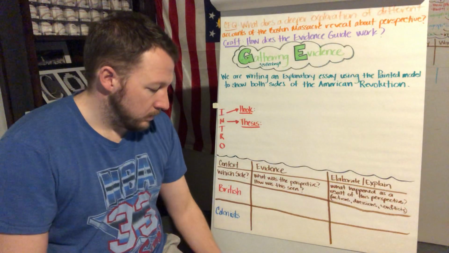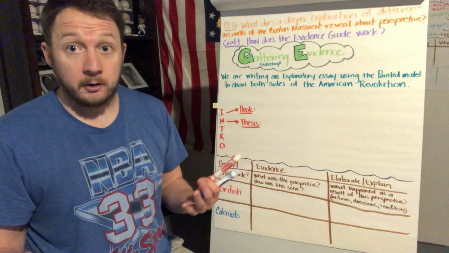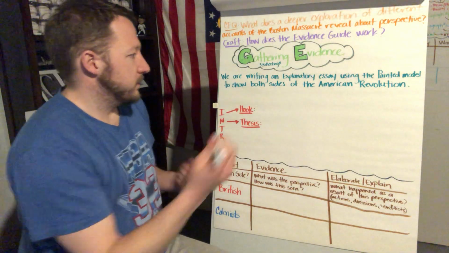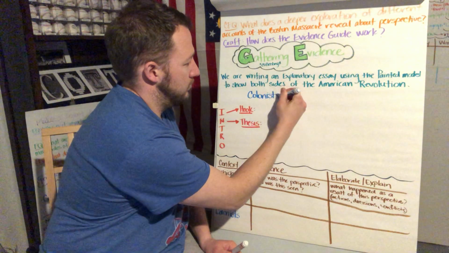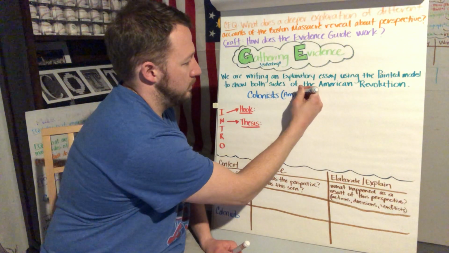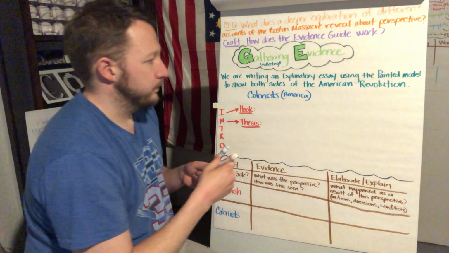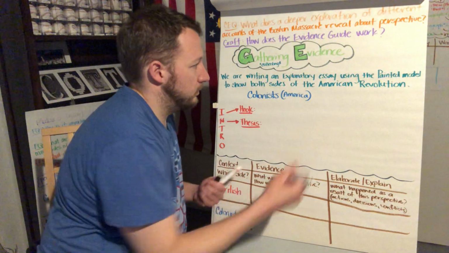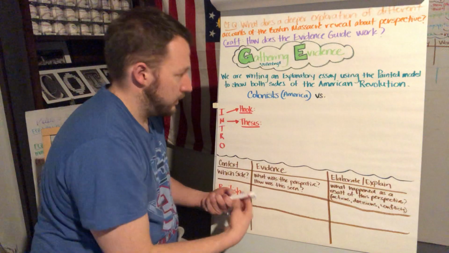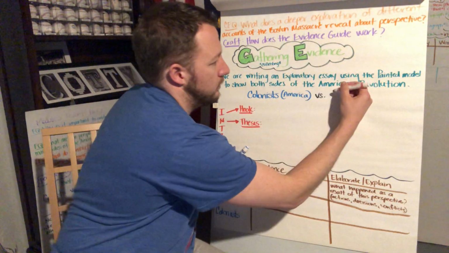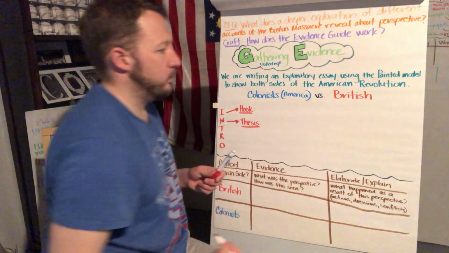Well, if you know anything at this point, you should know that there are two sides to this whole American Revolution. The first side is the colonists, aka America, and then the other one, let me put a little versus, the British.